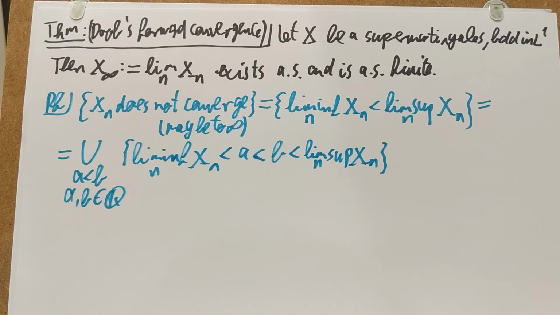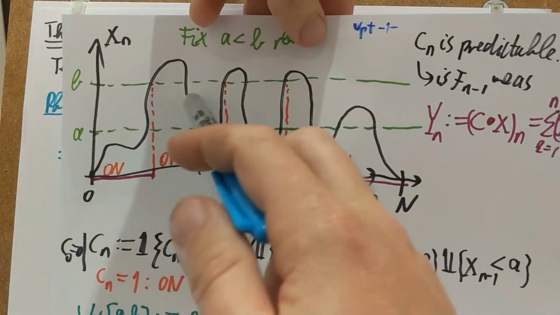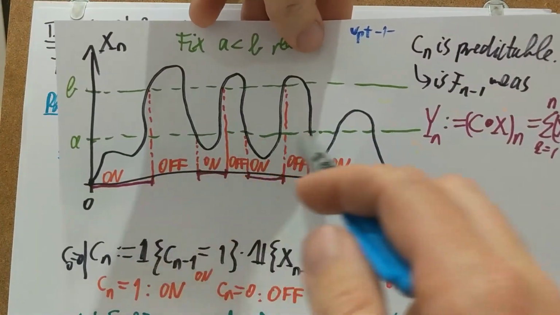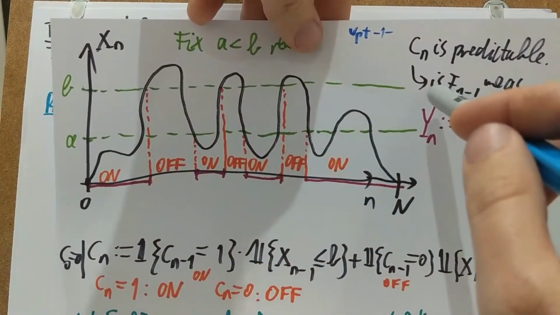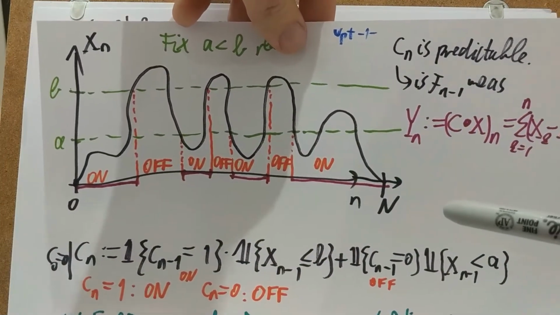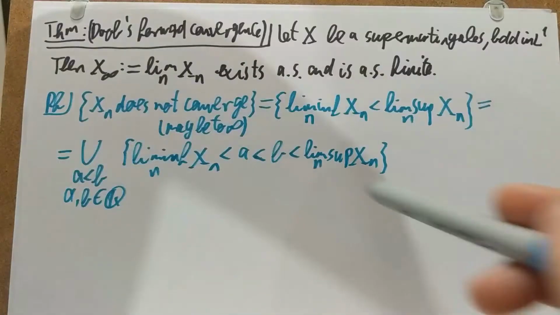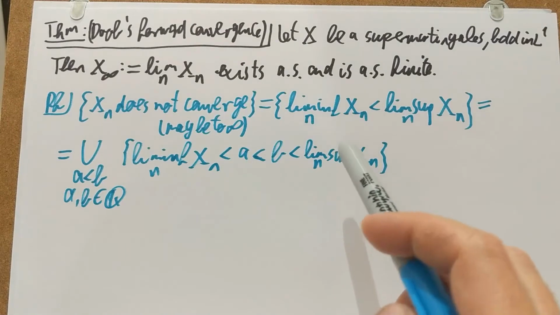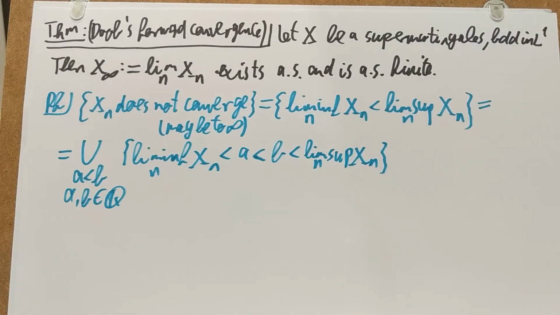Now, if lim-inf and lim-sup are different, what does that mean? Lim-inf means that infinitely often I'm approaching that. Lim-sup means that infinitely often I'm approaching that as well, which means that infinitely often I need to actually go above B and below A. If I don't go above B infinitely often, then the lim-sup would be smaller than that. And if I don't go below A infinitely often, then the lim-inf would be larger than that. So lim-inf smaller than A, lim-sup larger than B means that infinitely often I have to visit above B and I have to visit below A, which means that infinitely often I need to do the upcrossing.